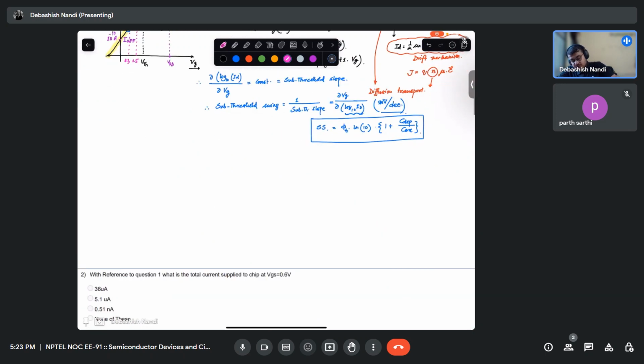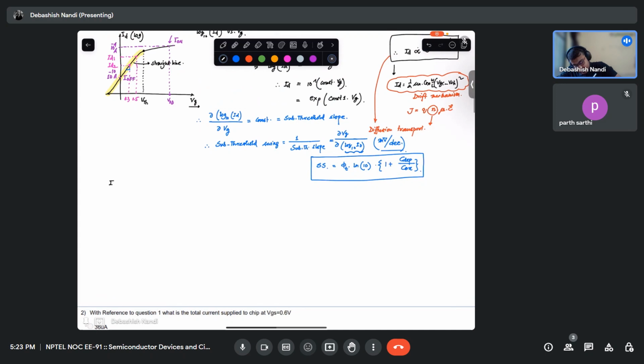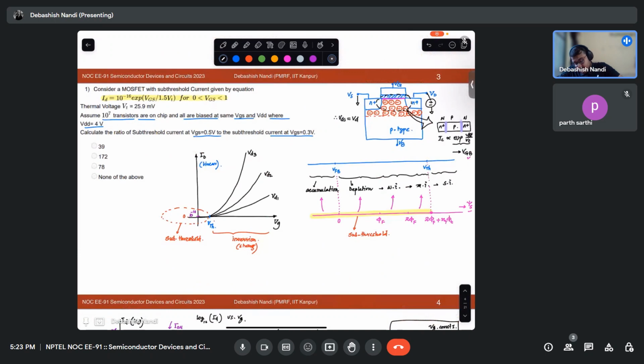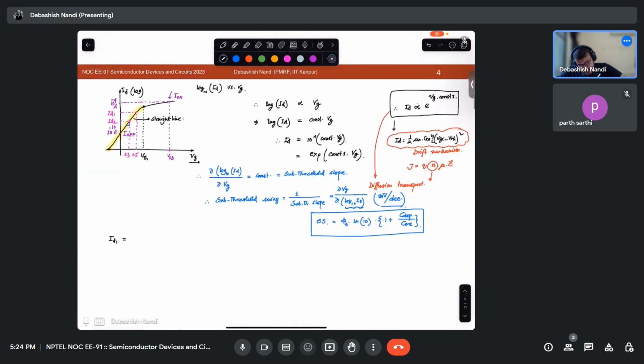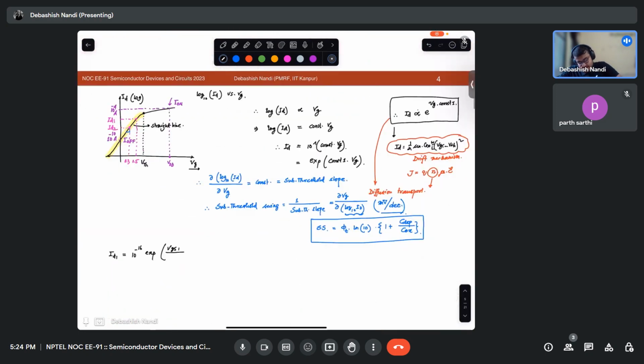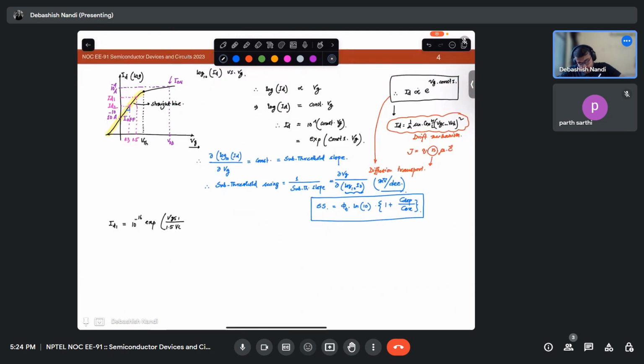So what do we know? We know ID1 to be 10 raised to minus 16 exponential VGS1 over 1.5 VT. Similarly, we can write ID2 as 10 raised to minus 16 exponential VGS2 over 1.5 VT. So what would be the ratio?